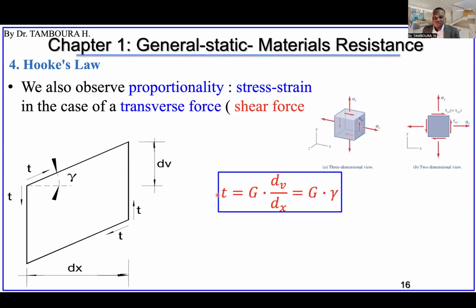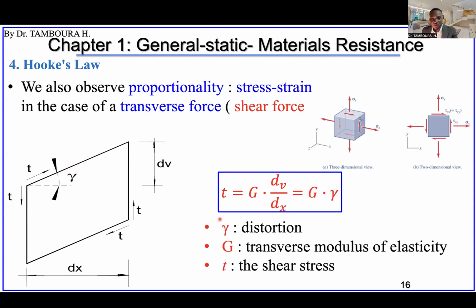The shear stress can be obtained with this formula. G multiplied by delta V over dx, or again G multiplied by this gamma. Gamma is this angle here. The definition of each term: this gamma is distortion, this angle of distortion.